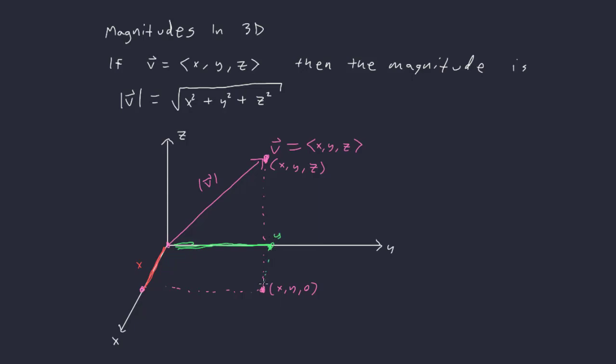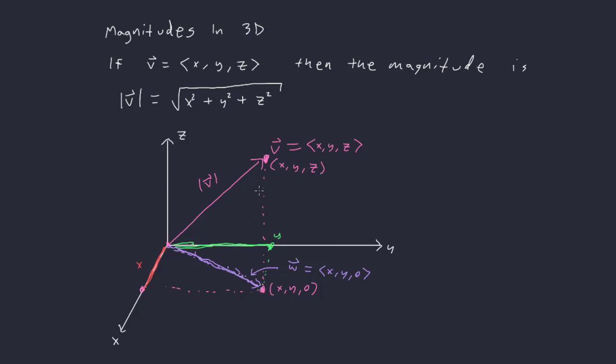And so this would be y. Okay? And this vector itself makes a shadow on the xy plane. Specifically, its shadow is this vector here. We'll call it w, and that's the vector x, y, 0.